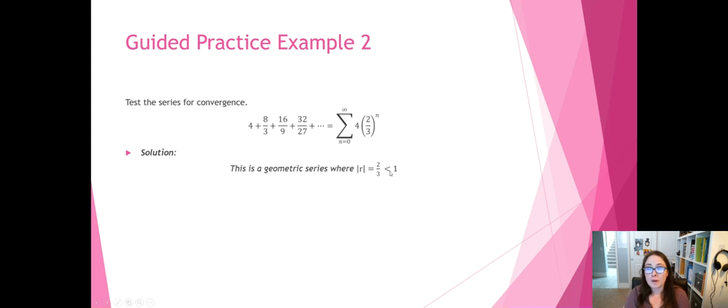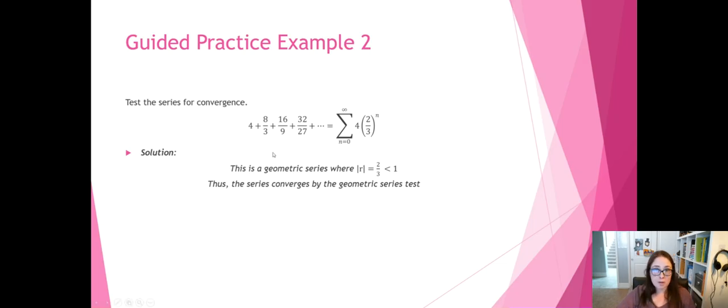Okay, so these are the requirements of the test. You want to make sure you're stating this part here. And whenever the ratio is less than 1, we know that the series converges. So it's pretty quick once you identify this as a geometric series to prove convergence. And so that statement there was enough to be able to conclude the series converges. And of course, I want to say what test I'm using, which is the geometric series test.